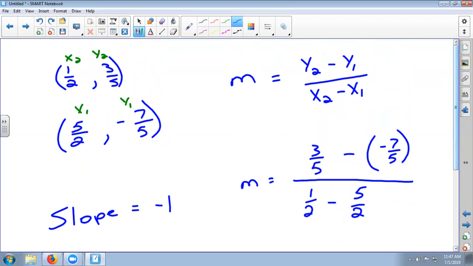Practice doing this. Find the slope of a line. I'm not going to do slope-intercept form today. I'll save that for tomorrow.